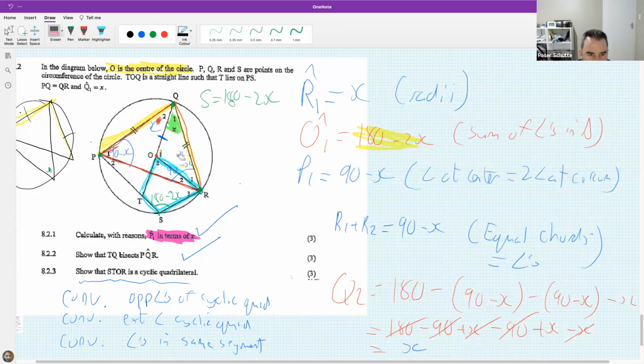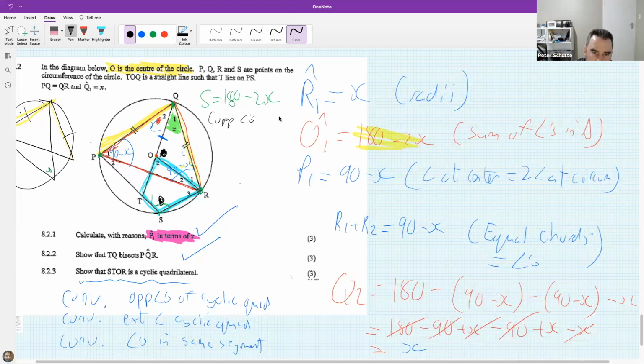I'm going to just take these out so you can see them. But basically what we're saying is that this angle over here was already proved to be 180 minus 2x. And I've just used the opposite angles of a cyclic quad to make that 180 minus 2x.